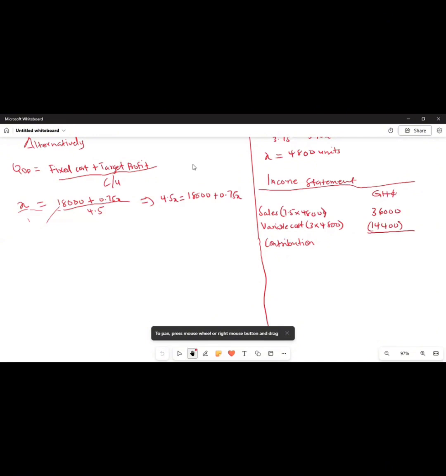So we have our contribution to be 36,000 minus 14,400, which gives us 21,600.